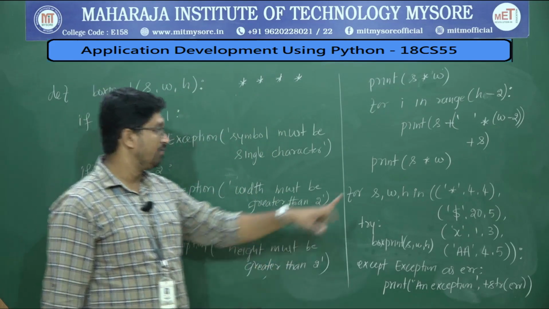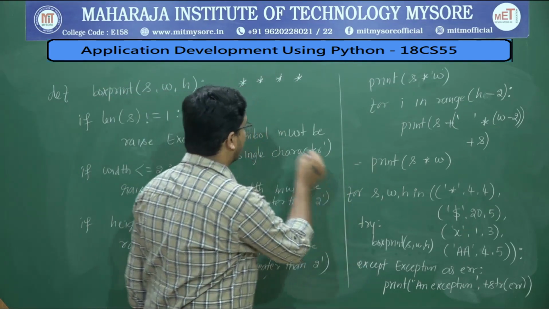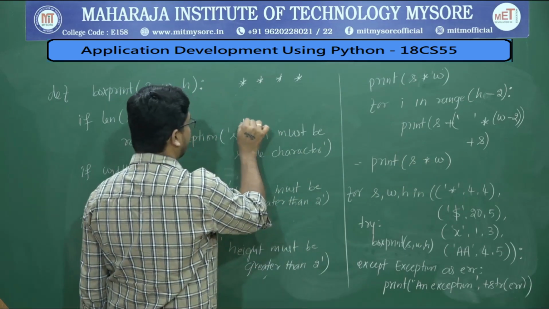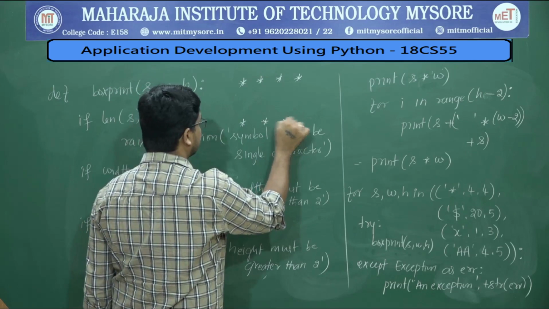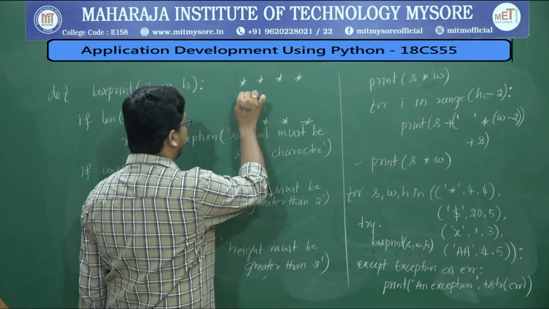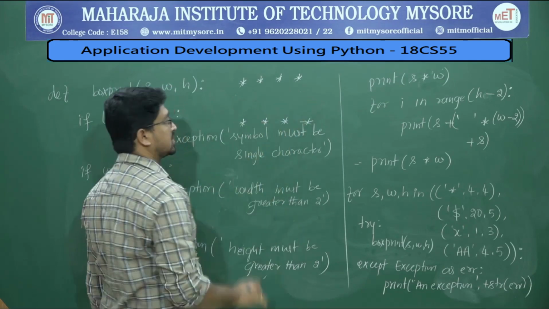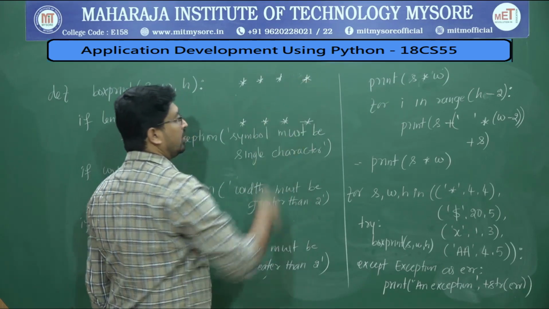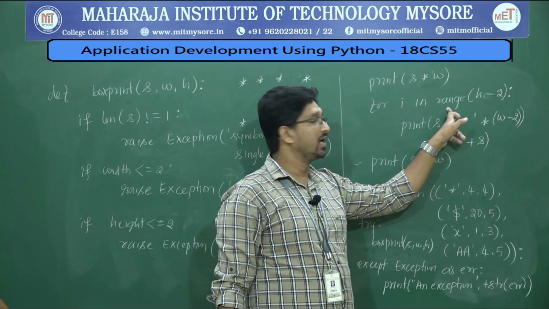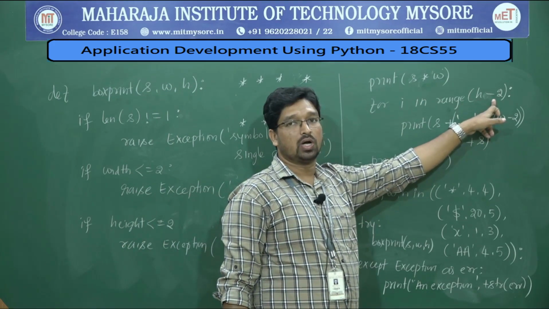4 times star gets printed. That is one thing. In the same way at last also, S star W means 4 times star gets printed. Only thing we need to generate here is 2 stars, correct. For that, what I am doing is for i in range height minus 2.